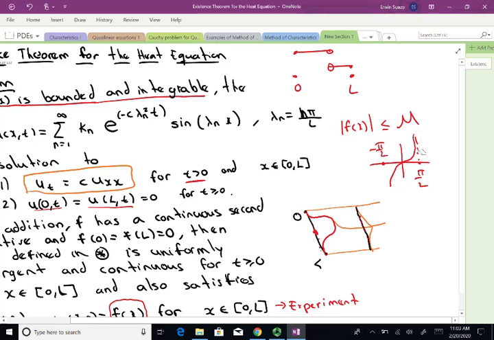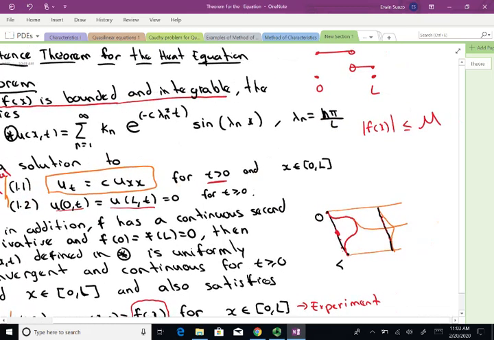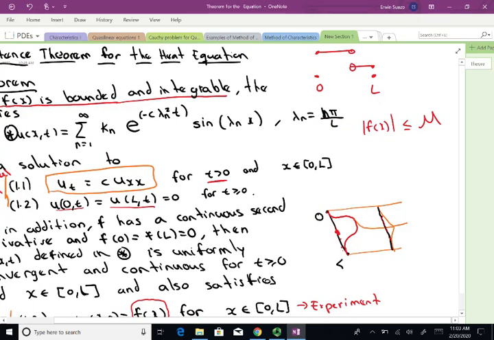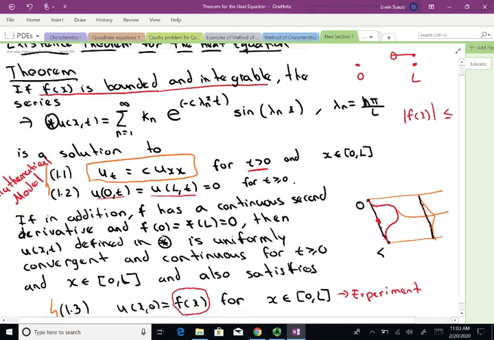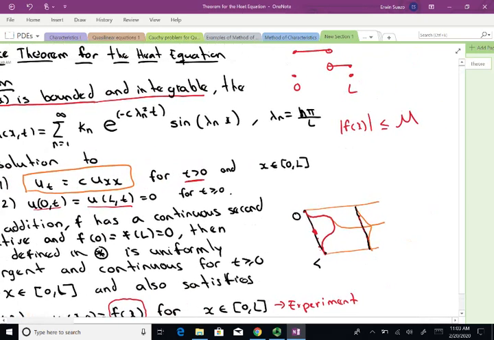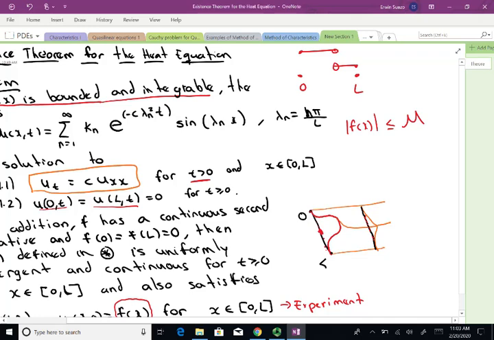So that's not bounded. We need f to be bounded and integrable. Integrable means it is continuous or piecewise continuous. So that's fine, we can do Fourier series with that. That's not too much to ask.